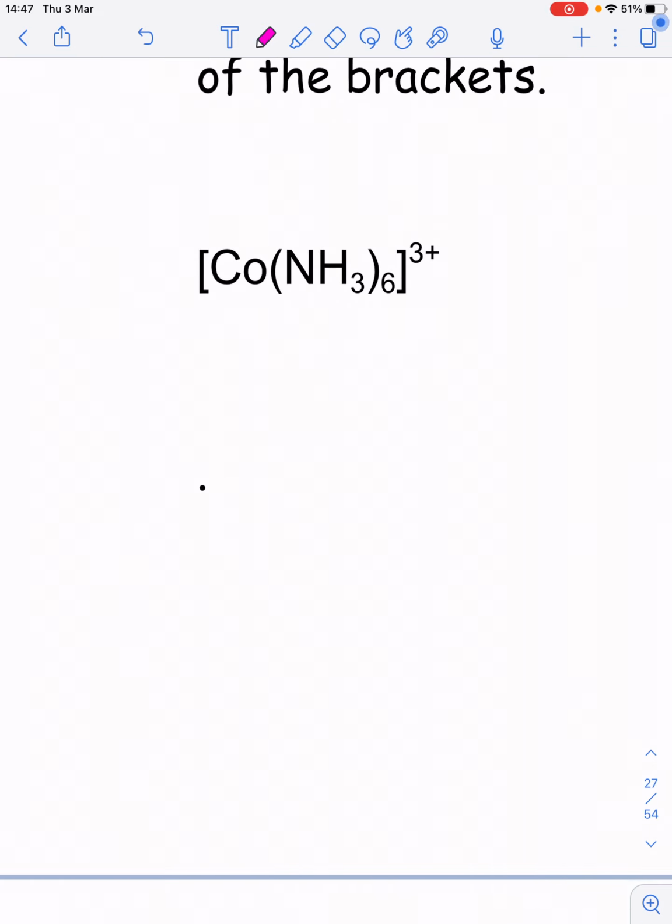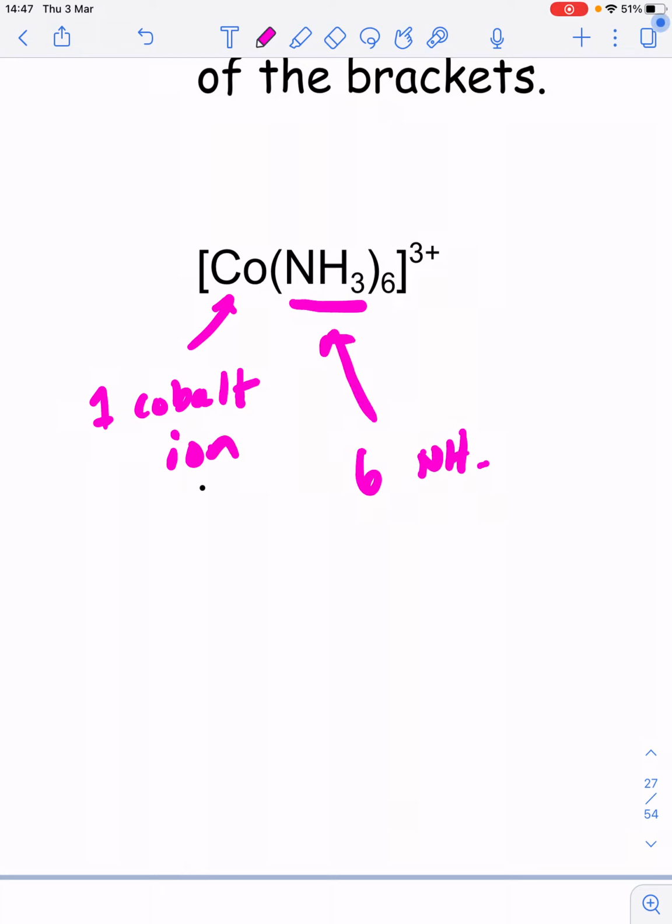And so it's going to be important as we approach this topic that you can see the different ligands. The ligands get put next to the transition metal, and they get put there in parentheses. So this is a complex that has one cobalt ion at the center, and then it has 6 NH3 ligands.